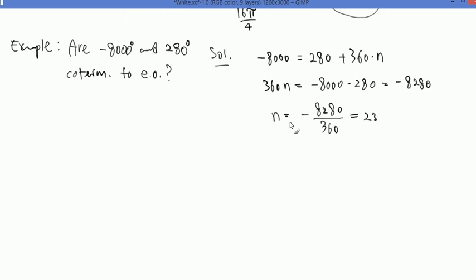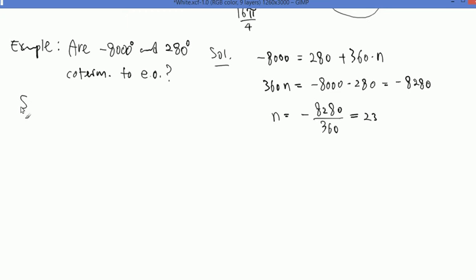So is n an integer here as you solve it? Right, it's an integer. If I change that to 279, and if you divide that, you will end up with like 22 point something or 23 point something. Now you know n is not an integer. If it's coterminal, that number n, worked out algebraically, must be an integer, right? Therefore, you can conclude from there.